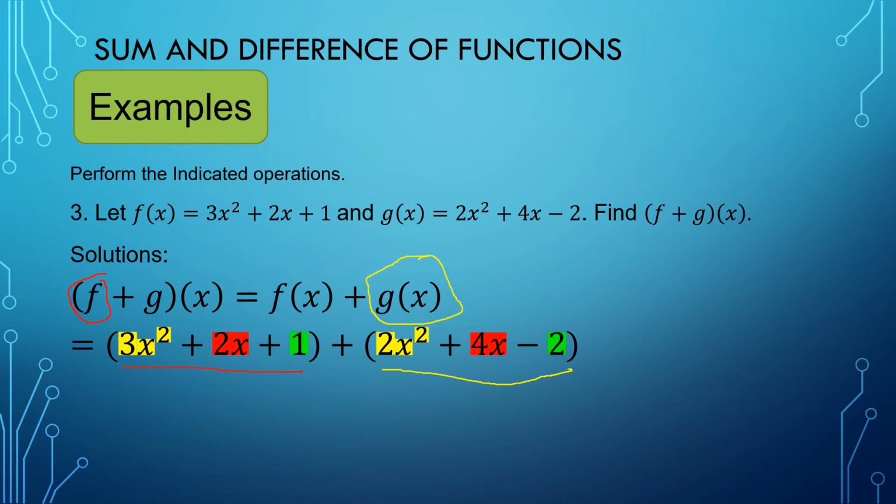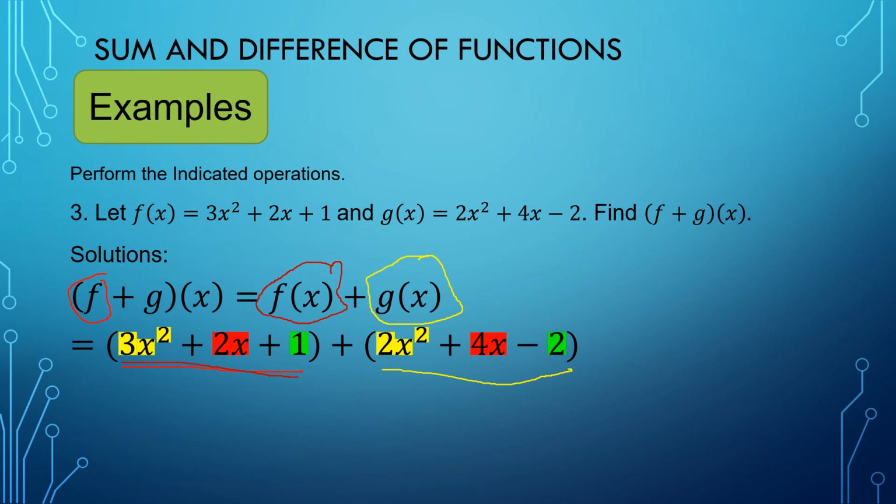So again, the red one is the f of x, the yellow one is the g of x. So we have here 3x squared and 2x squared as similar terms.